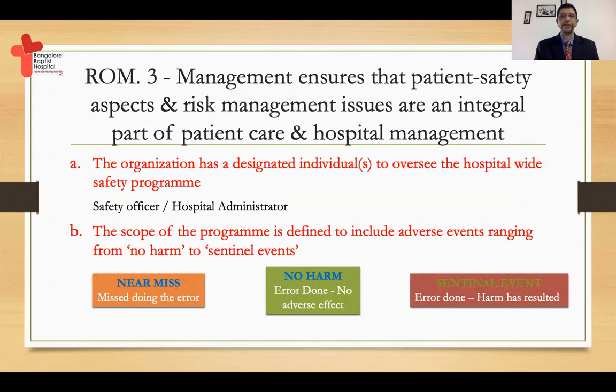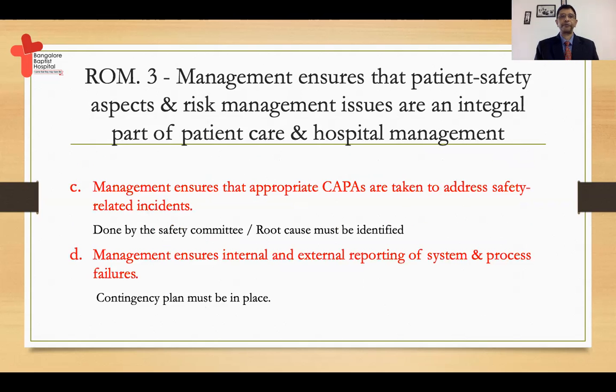ROM 3B. The scope of the program is defined to include adverse events ranging from no harm to sentinel events. All these events must be clearly defined, and what constitutes a near miss, a no harm, or a sentinel event must be known to its employees.